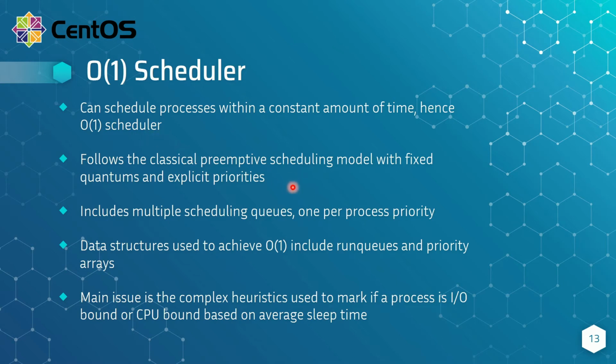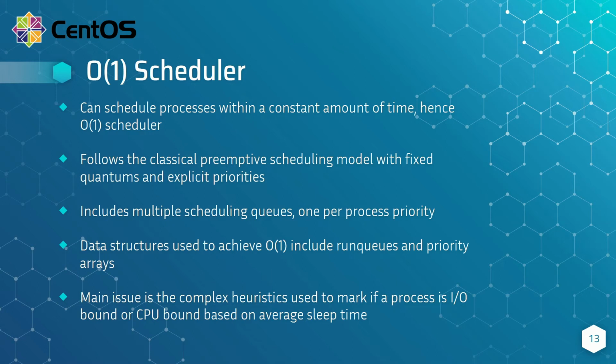It follows the classical preemptive scheduling model, has fixed quantums and also explicit priority levels. It includes multiple scheduling queues, so you do have one per process priority. Data structures used to achieve the O(1) include the run queues and priority arrays. The main issue with this older scheduler is that it uses complex heuristics to mark if a process is I/O bound or CPU bound.